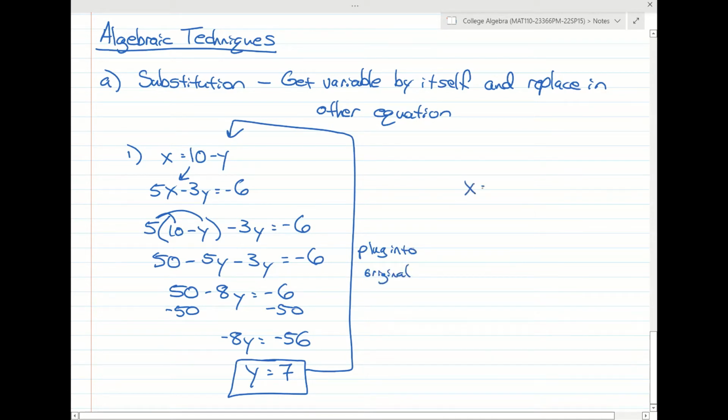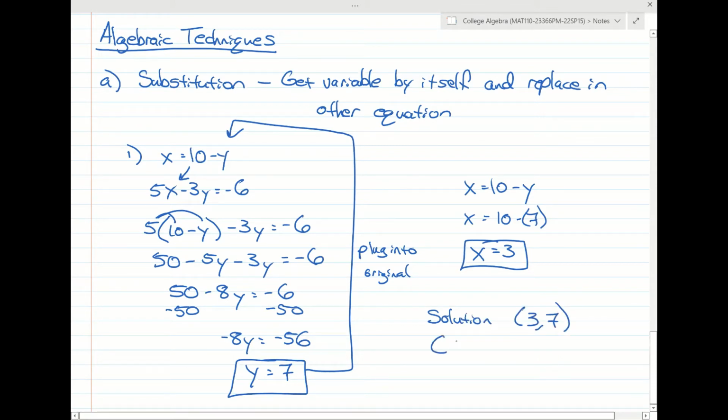And we just get x is equal to 10 minus y, but now it's going to be x is equal to 10 minus 7. Remember, anytime you go plugging anything in, we have to use parentheses. And we just get 10 minus 7 is just 3. So the solution would be 3, 7. And it's a consistent and independent solution, just meaning that there's one answer.